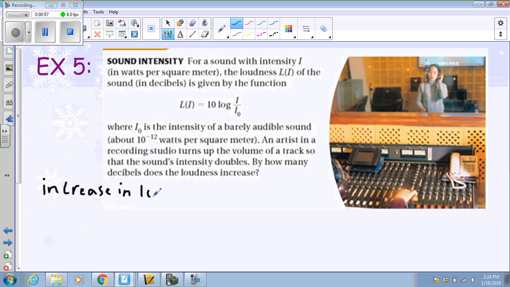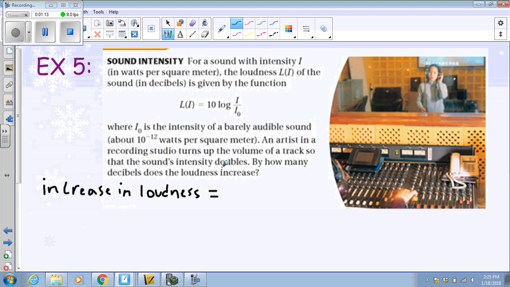So to do that, though, we need to determine what is the difference between when the sound artist doubles the intensity of the sound and the original sound here.